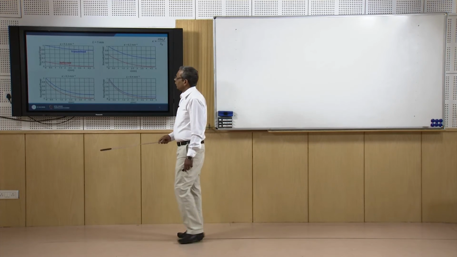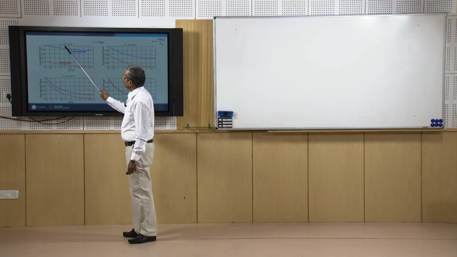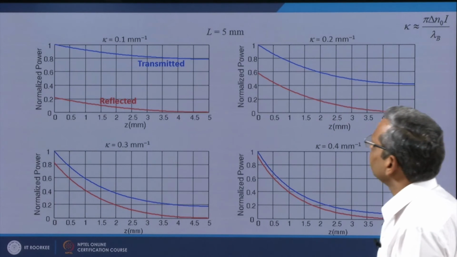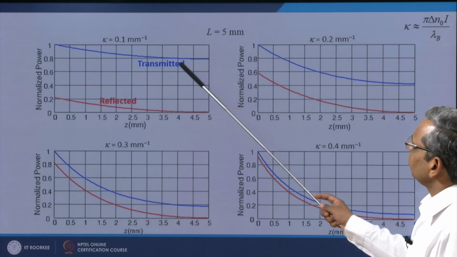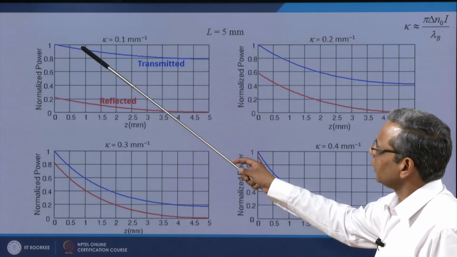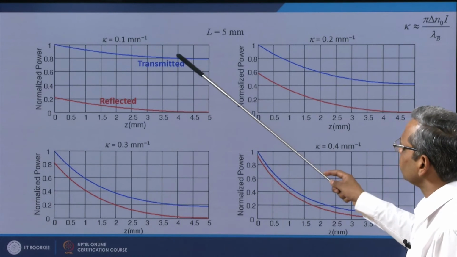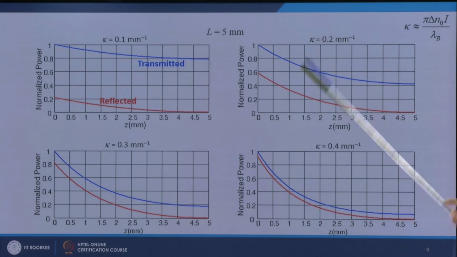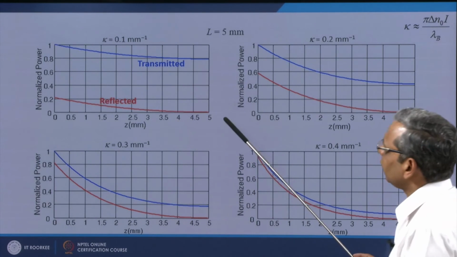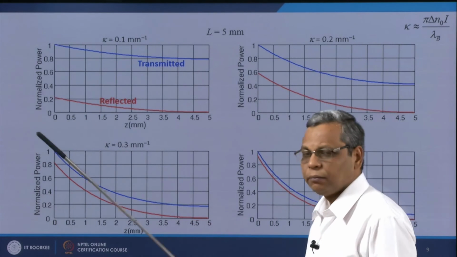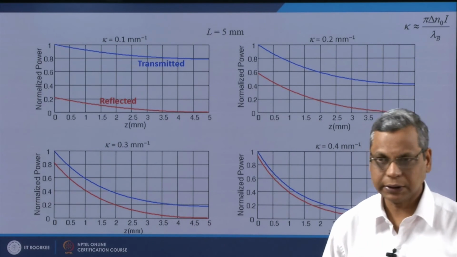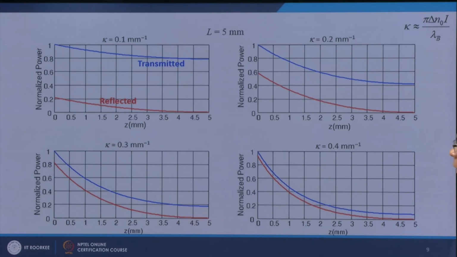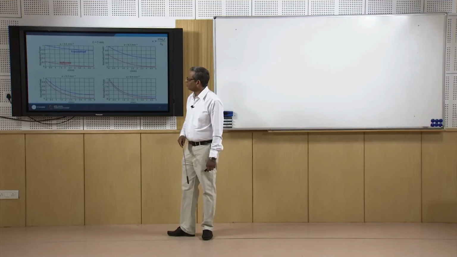I can see that when kappa is a small value, say 0.1 millimeter inverse, then even at L equal to 5, the transmitted power drops down only by 20% and it will almost saturate, and the reflected power is maximum, around 20%. It will take a very long length for this power to go beyond this.